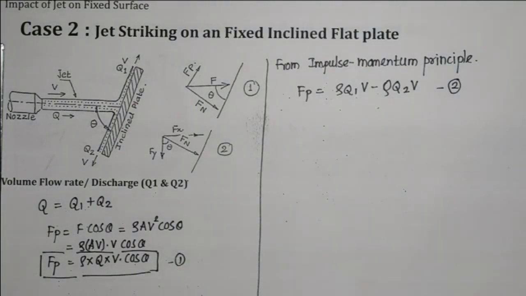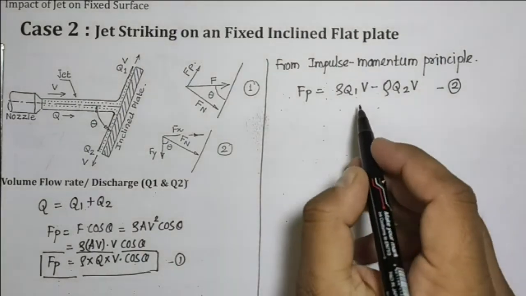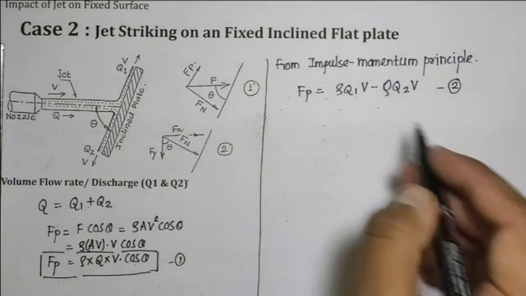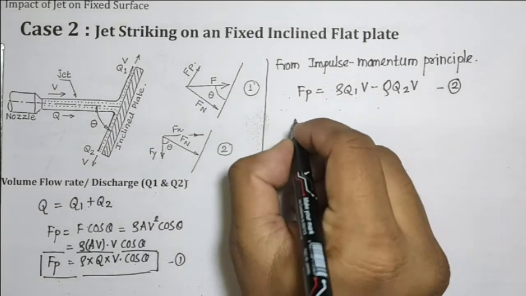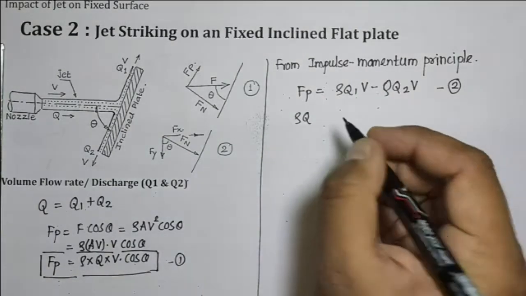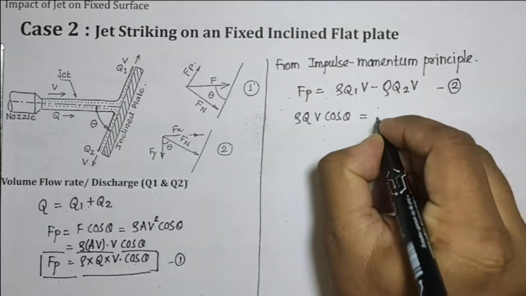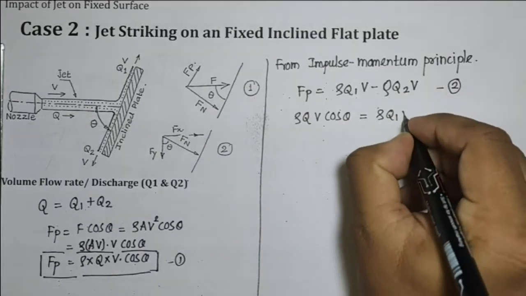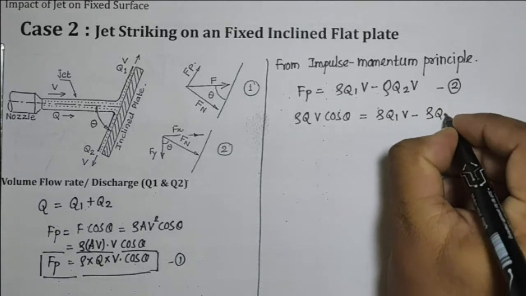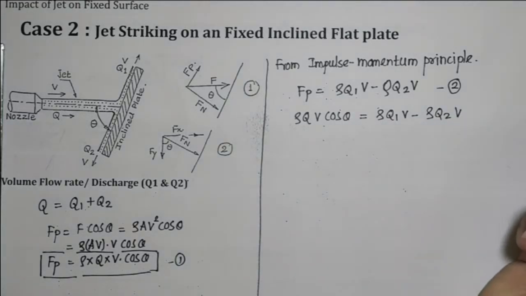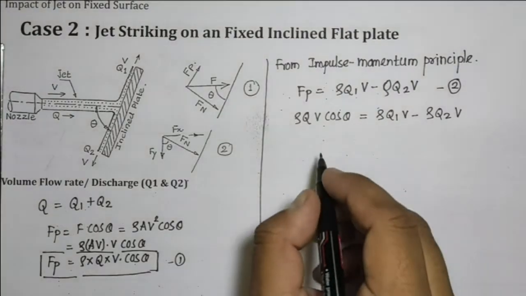So from equation number 2 and equation number 1, equating those two equations, we will have the expression rho Q v cos theta is equal to rho Q1 v minus rho Q2 v. By solving this equation, v gets cancelled out and rho also gets cancelled out.